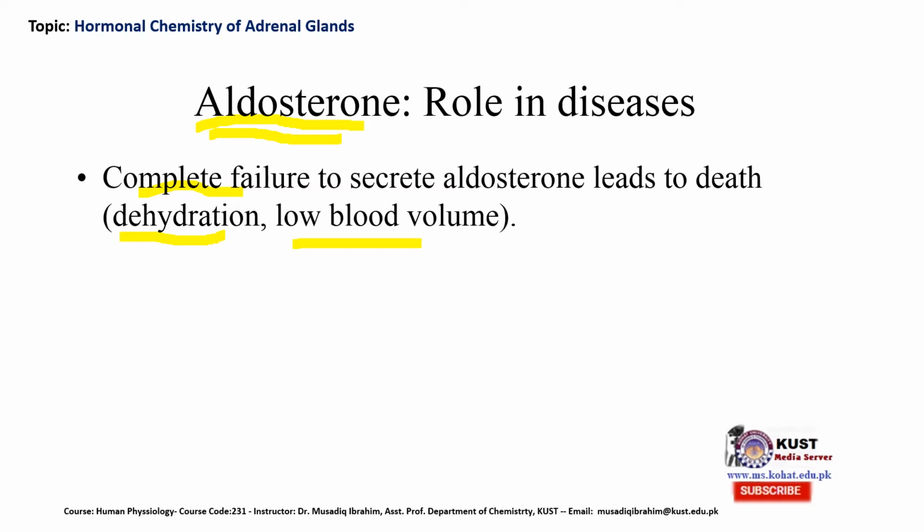And if the aldosterone secretion is not taking place, then the low blood volume and the dehydration will lead to ultimate death.